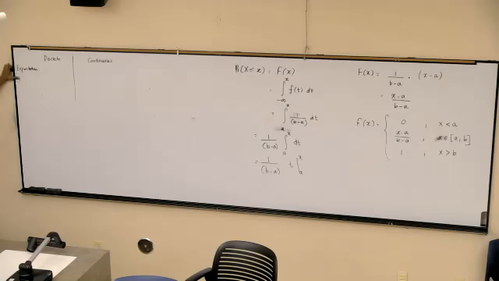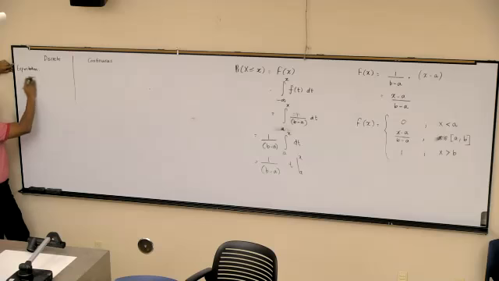The expectation with respect to a discrete random variable X, let's say the support of X, where X is the discrete random variable.